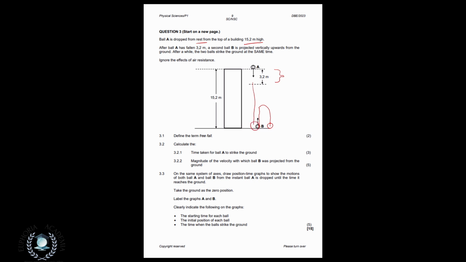So they're going to hit the ground at the same time. Crazy. Alright, so we're told to ignore the effects of air resistance, so that means we're dealing with projectile motion.